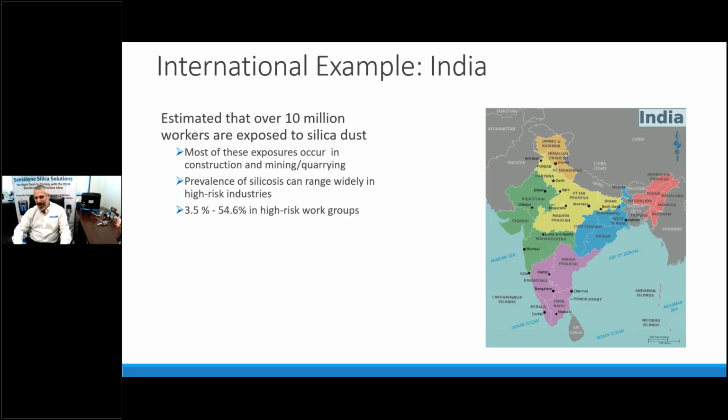Now, that's a really high prevalence of disease associated with an occupational exposure. And from an industrial hygiene standpoint, having that level of incidence of any type of occupational illness would usually garner a higher response than we're currently seeing.